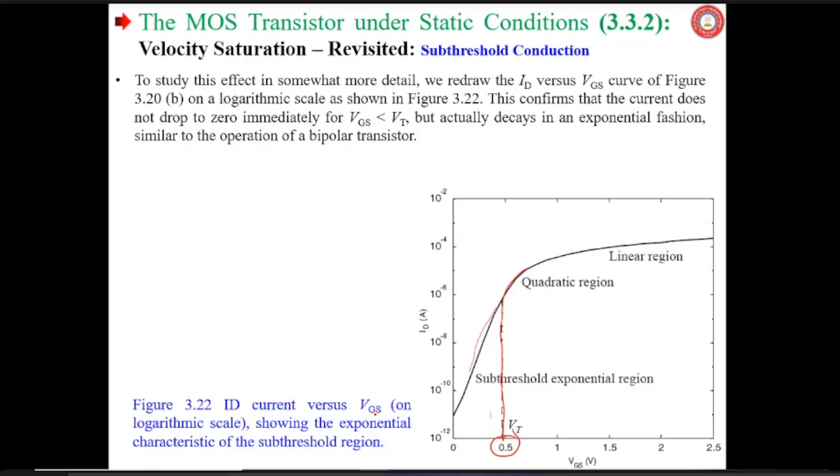So we want the MOSFET to be an ideal switch for digital application, but it does not behave ideally because current still flows when VGS is less than VT. We expect ID should drop as fast as possible when VGS falls below VT. The inverse rate of decline of current with respect to VGS below VT hence is a quality measure of the device. And these are all discussed earlier while discussing the subthreshold current equation.